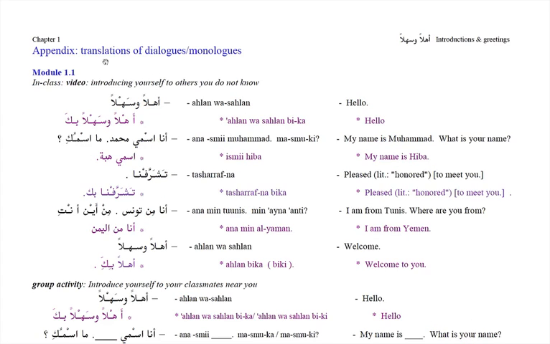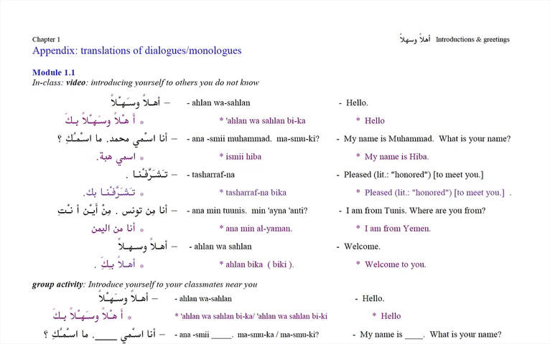This is how the first group sounds. Ahlan wa sahlan. The response is Ahlan wa sahlan bika. So Ahlan wa sahlan is hello, and Ahlan wa sahlan bika is the response. Ana ismi Muhammad, masmuki.